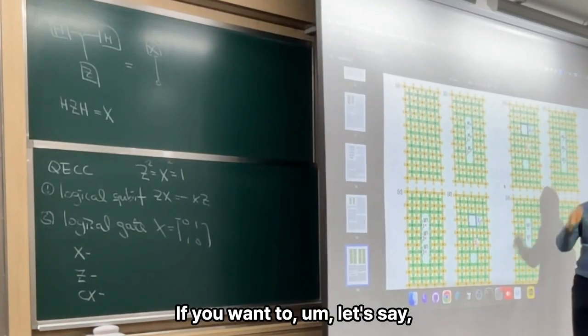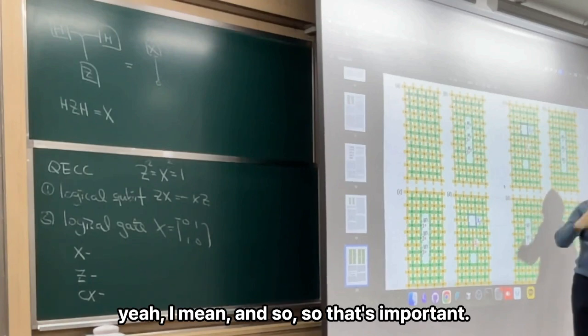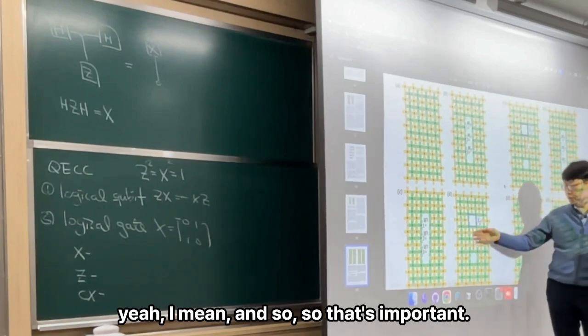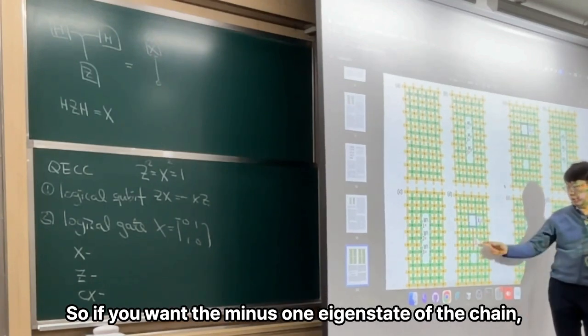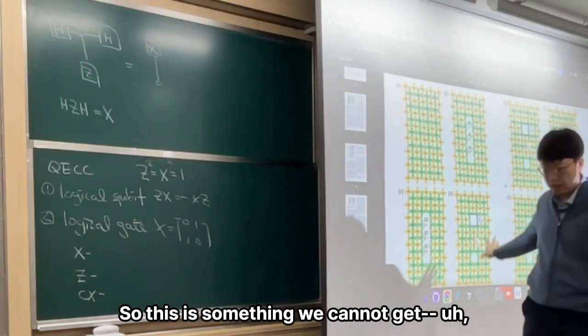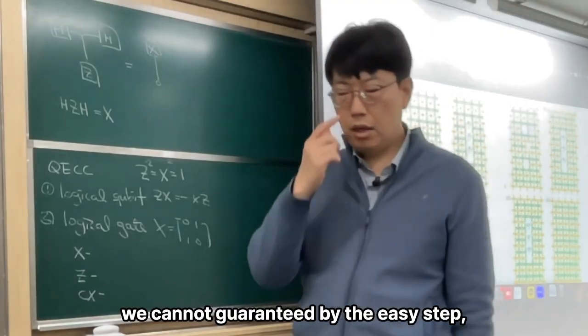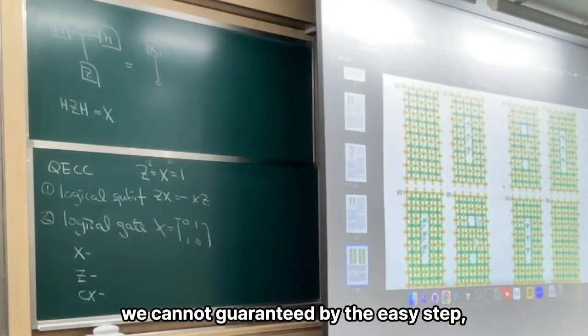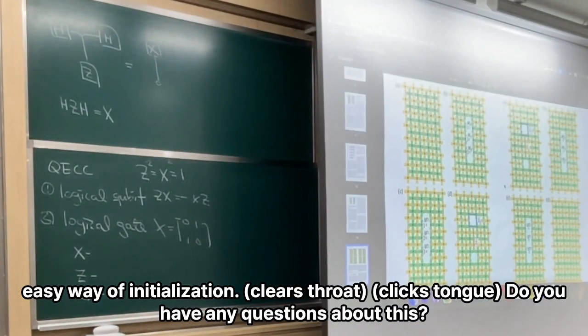So that's important. If you want the -1 eigenstate of the Z chain, then just apply the Z chain here afterwards. So this is something we cannot guarantee by the easy way of initialization.